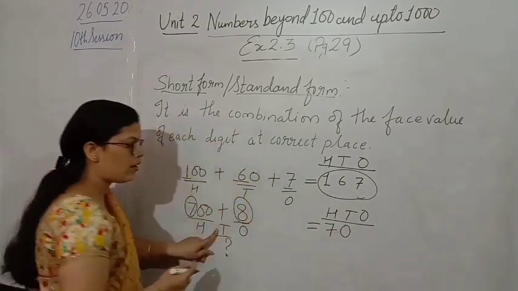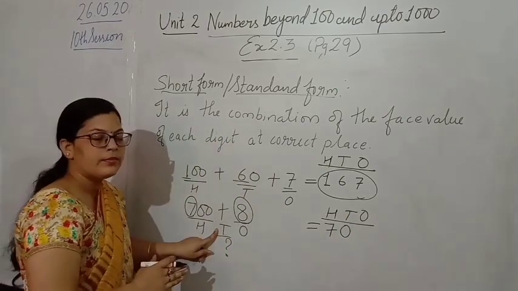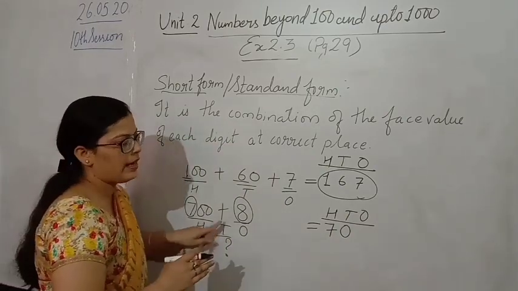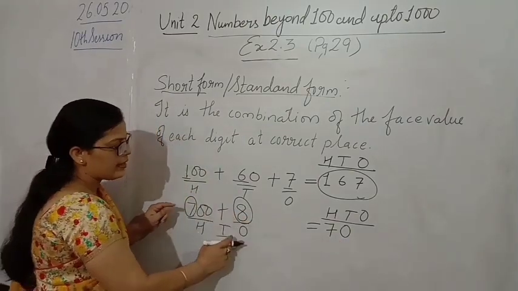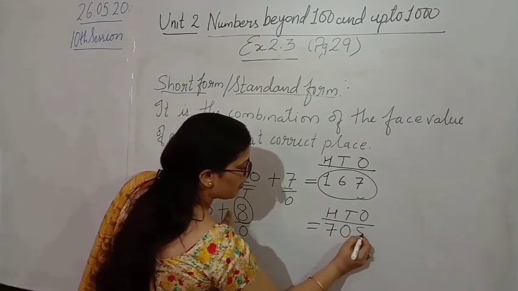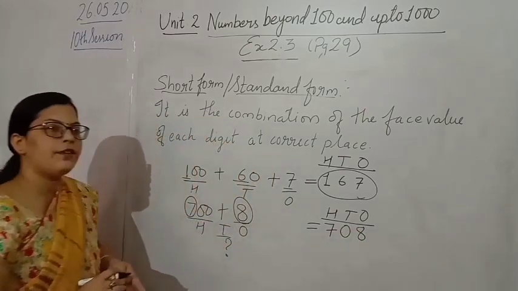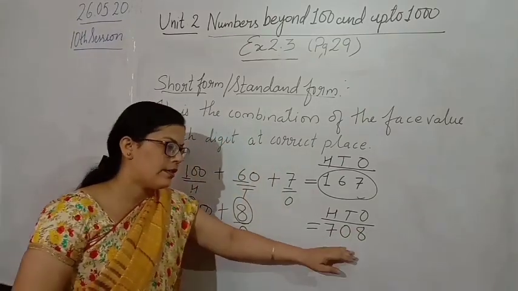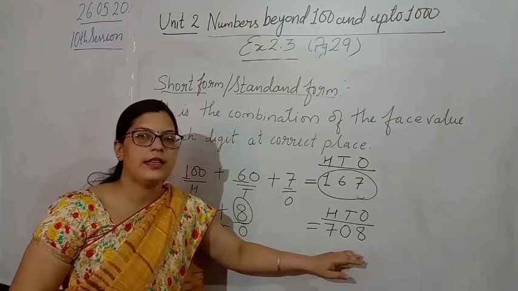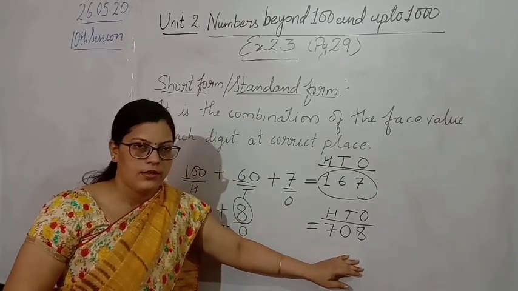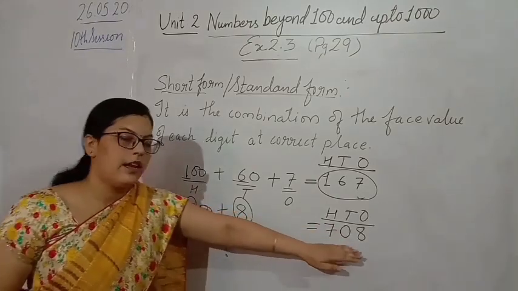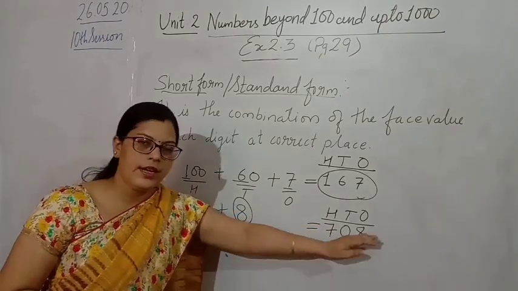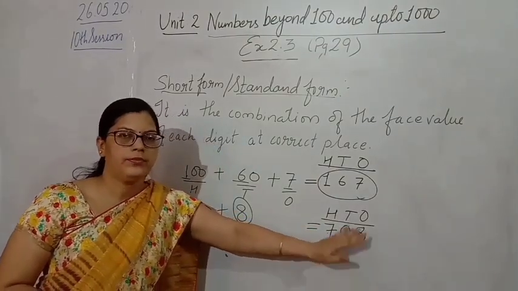When a place is not given in expanded form, that means at that place there is 0. Now 8 is at ones place, so write here 8, and the short form is 708. 700 plus 8, the number is 708. Clear?